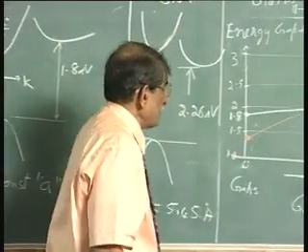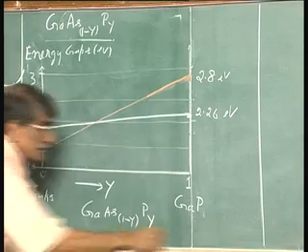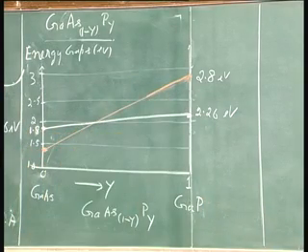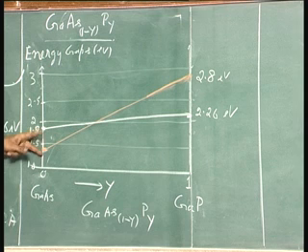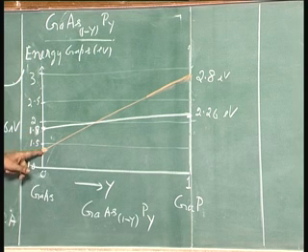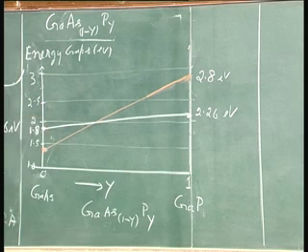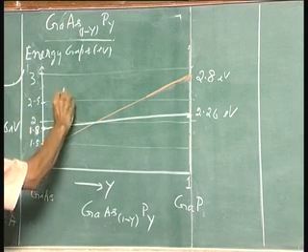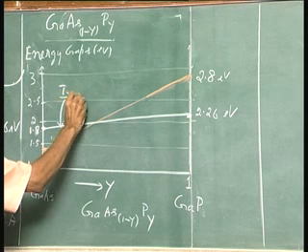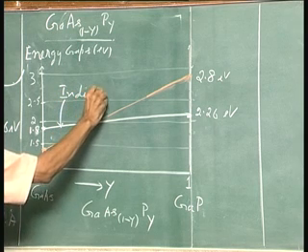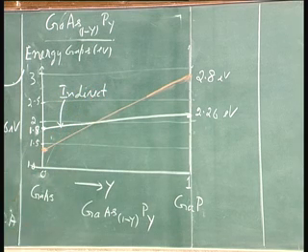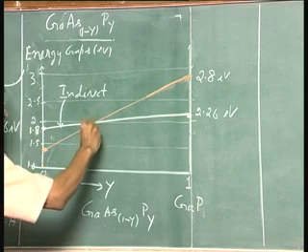But the most interesting part is, if you see this, the combined band gap now: here the minimum band gap is this one, direct band gap. If you go up here, this is indirect, that is indirect, and this one is direct.